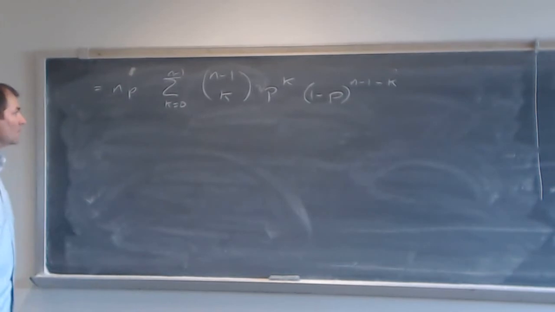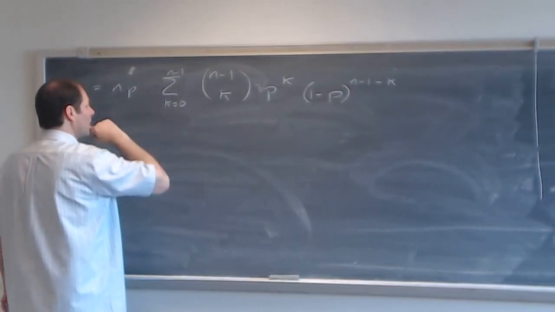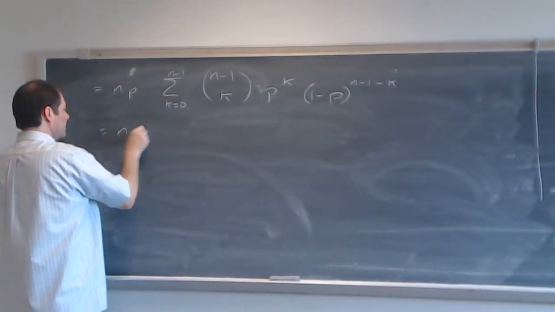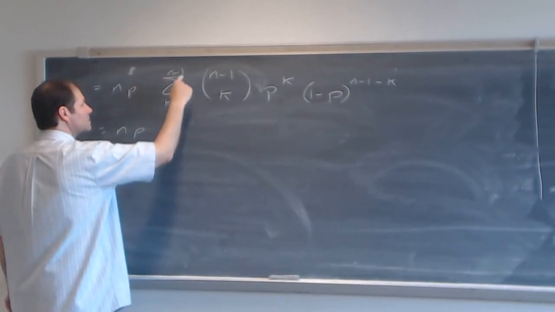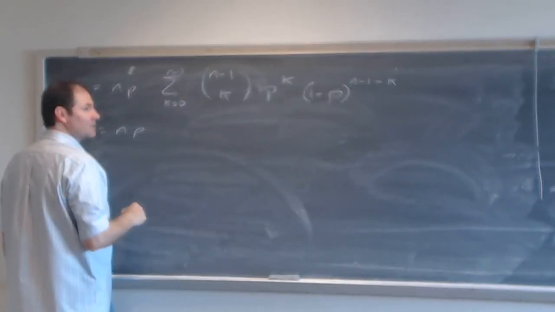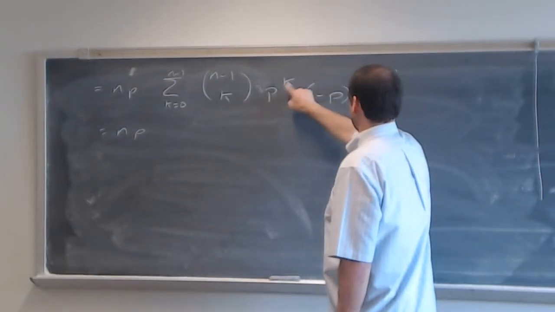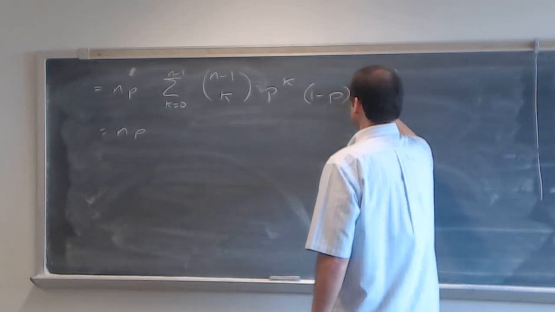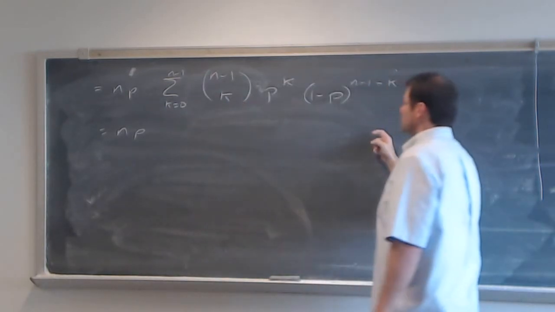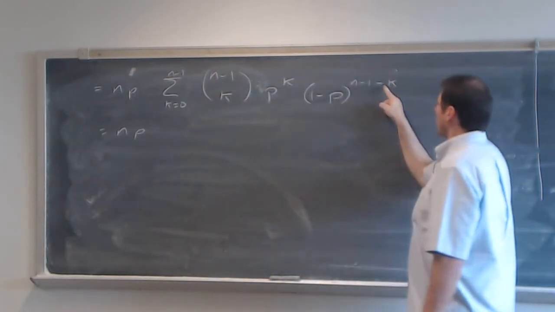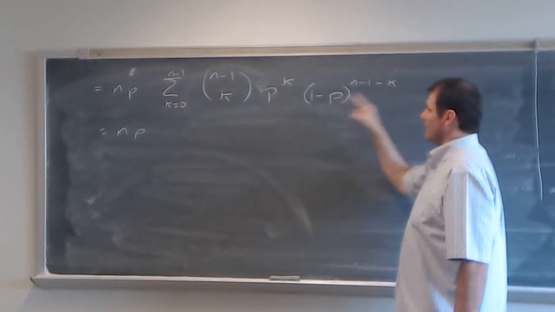Now, if we look at this, by the binomial theorem, this is np times a sum where we're running up to n minus 1 instead of n. This is p to the k, 1 minus p to the top of the summation minus the index.